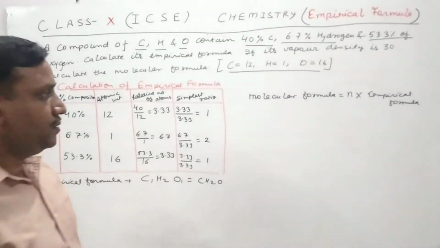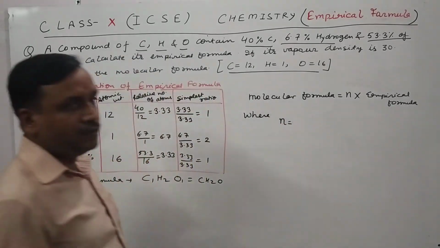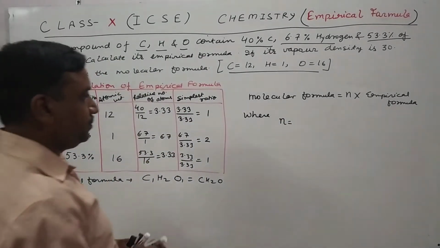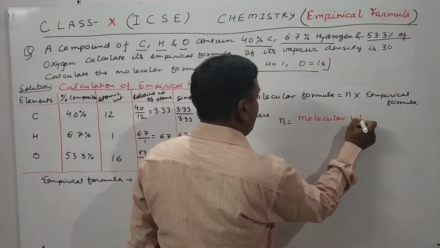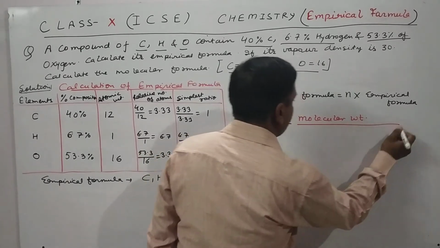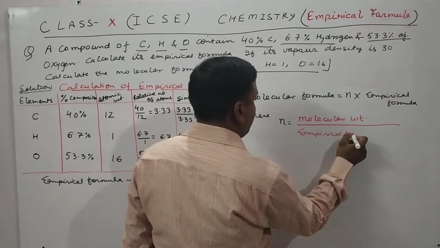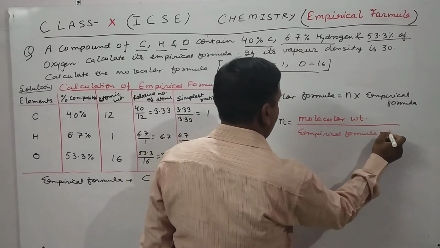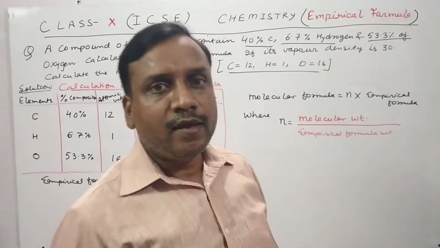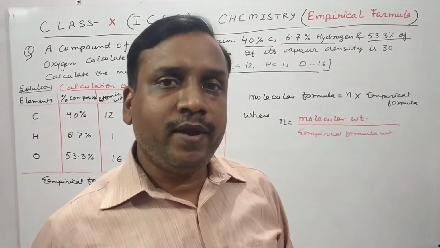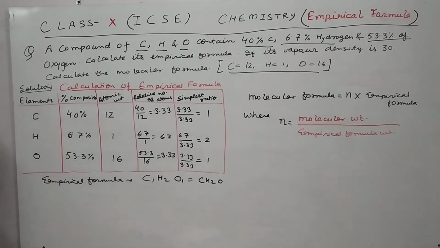And what is N here? N is the ratio of molecular weight to the empirical formula weight. Then what is the empirical formula weight? Empirical formula weight is the sum of the weights of all the atoms in the empirical formula. Here the empirical formula is known, CH2O.